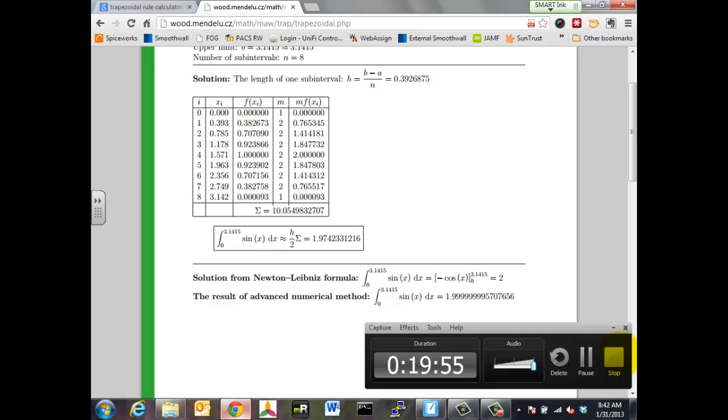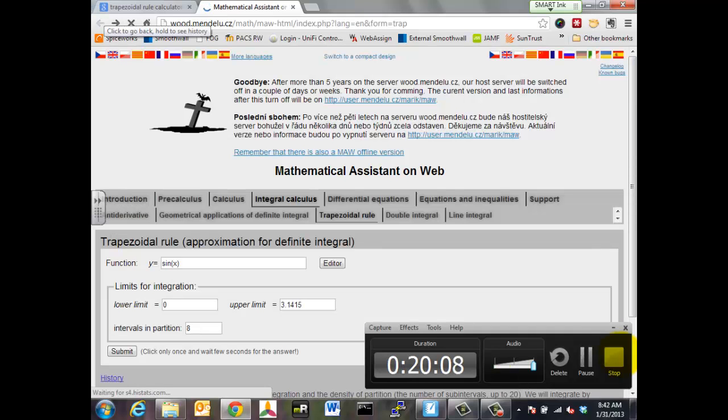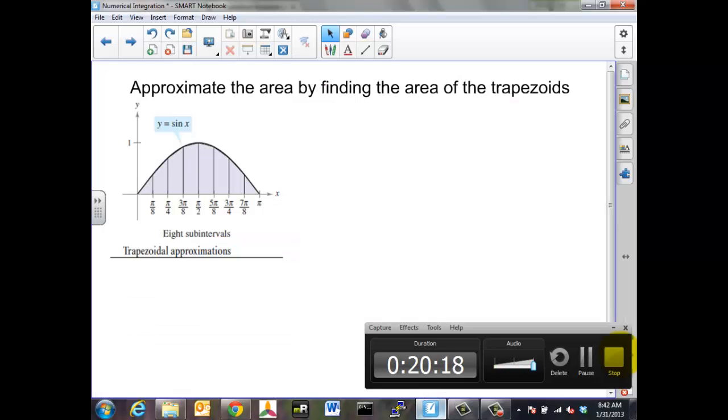Okay. I'm going to send you this website in just a few moments. Notice this is a website that I just found in the last 6 or 7 seconds here. If you go here and type in your function, where you're going from and to, and the number of intervals, how many of them do you have? 1, 2, 3, 4, 5, 6, 7, 8.